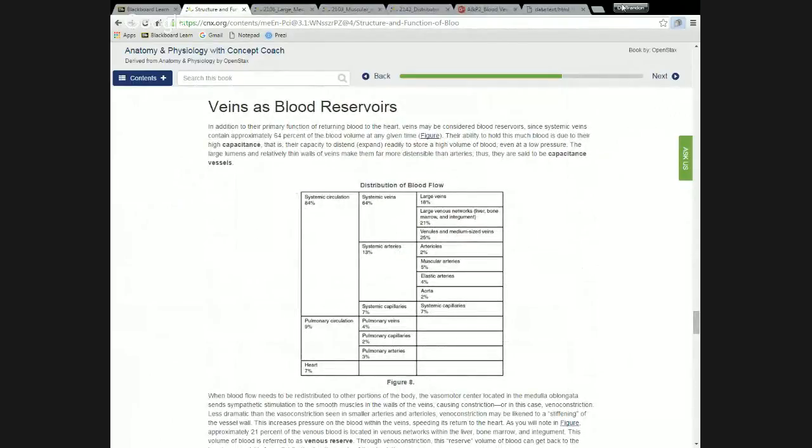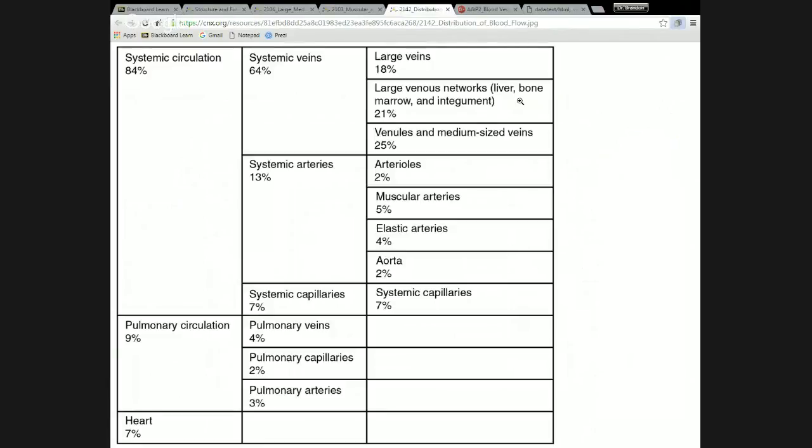So, looking at the blood vessels overall, and especially considering the veins, this table sort of lays out how much of the blood in your body is distributed through the different parts of the cardiovascular system. So we have the heart, pulmonary circulation, and systemic circulation.